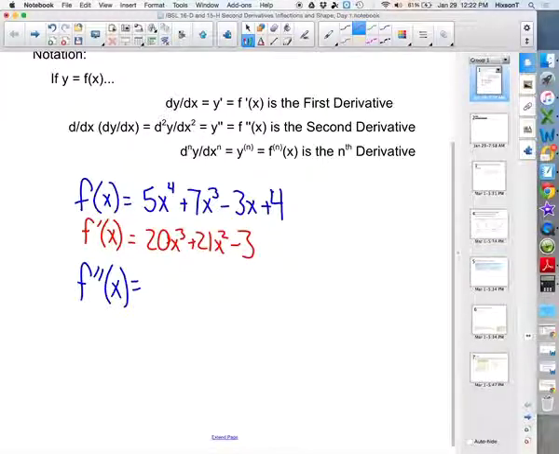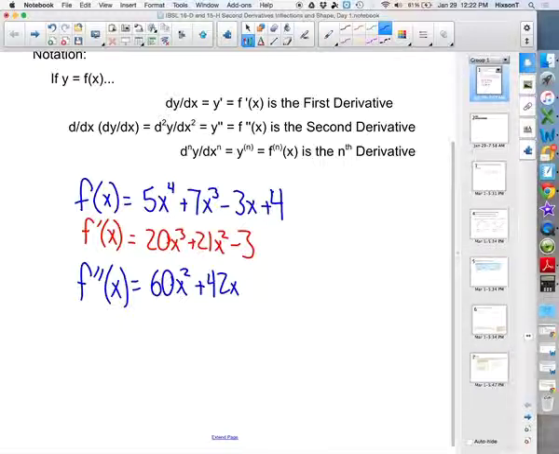Okay, so there's our first derivative. Now we can find the second derivative. 60x squared plus 42x. Exactly. And that's all there is to it. Derivatives are so fun. The polynomials are really easy.